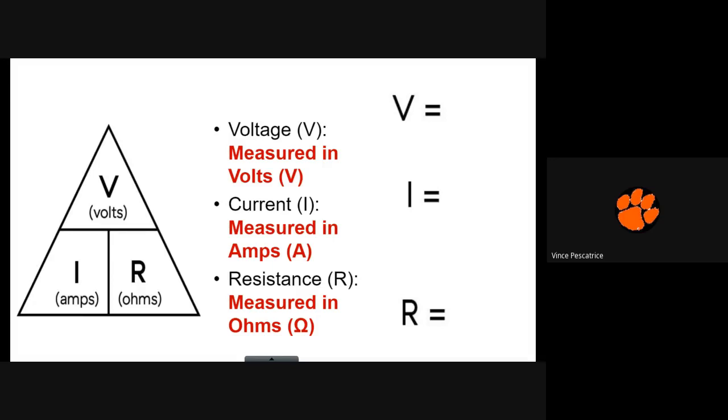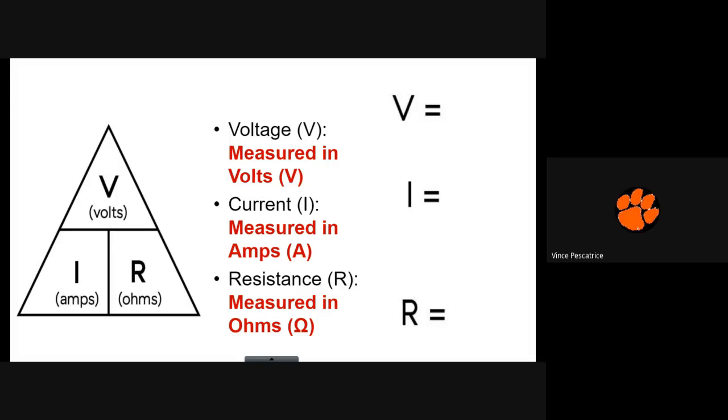I'm not sure if you guys remember this from when we did wave speed, but we have triangles. In the triangle, you have voltage on the top, you have current and resistance on the bottom. Whenever you do these problems, you're going to search for what the question is asking you to find, and you're going to cover that up in your triangle.